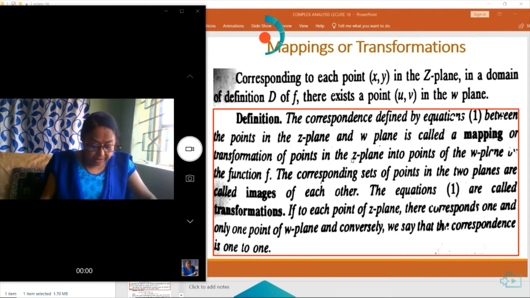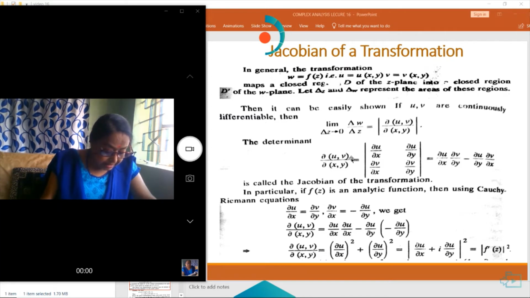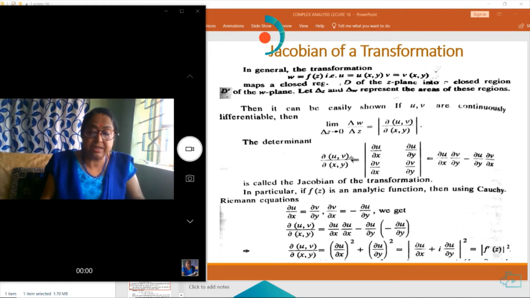Now, the Jacobian of transformation. Let w equal to f(z), where u equal to u(x, y) and v equal to v(x, y), map a closed region D of the z plane into the closed region D dash of the w plane, and let delta z and delta w represent the areas of these regions.